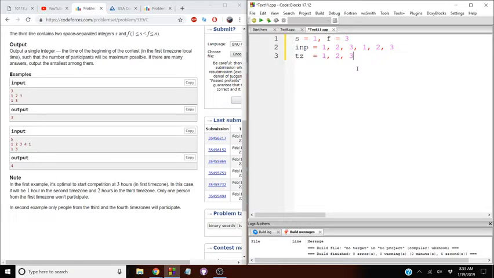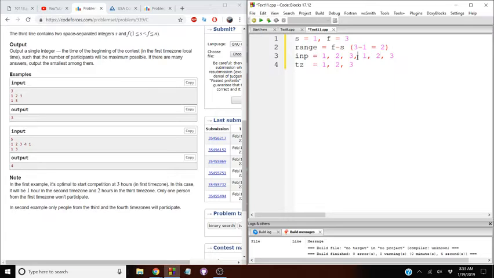Alright, cool. So the idea is that since we're trying to find the continuous thing from S to F, right? The range we have equals F minus S, and in this case it is 3 minus 1 equals 2, which means that we can take the sum of any two adjacent numbers. It can be 1, 2, it can be 2, 3, it can be 3, 1, and it can be 1, 2.